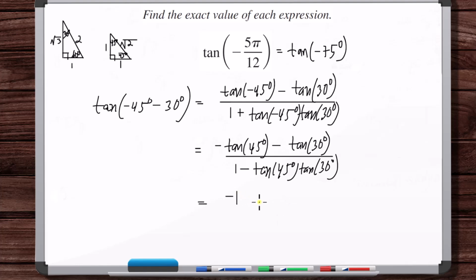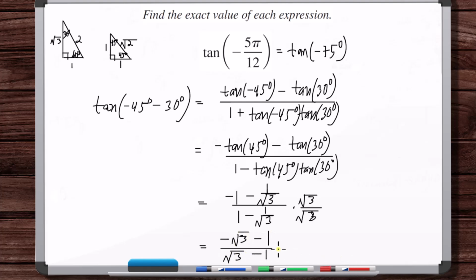Tangent 30, so this is going to be, all right, now multiply this by 1 in the form of root 3 over root 3. Multiply this by root 3 plus 1 over root 3 plus 1.